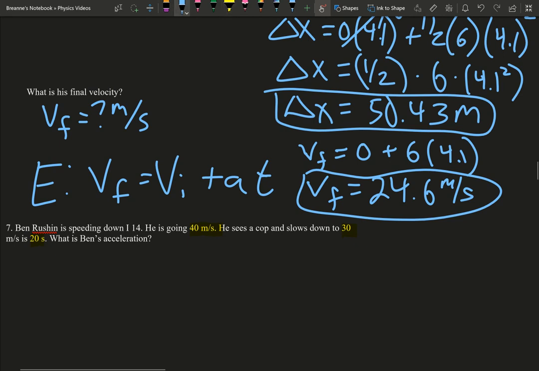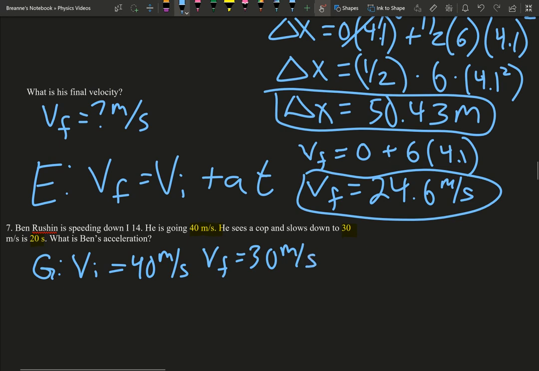So our givens: that 40 meters per second is our very first velocity, so that's going to be our initial velocity. The 30 meters per second is going to be our final velocity because that came second. The 20 seconds is going to end up being our time.